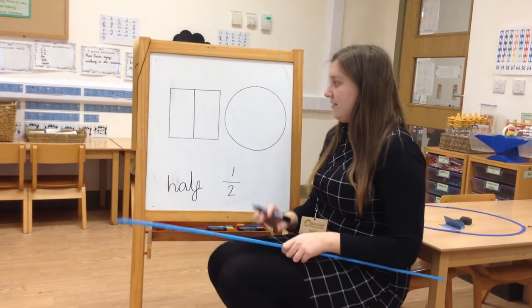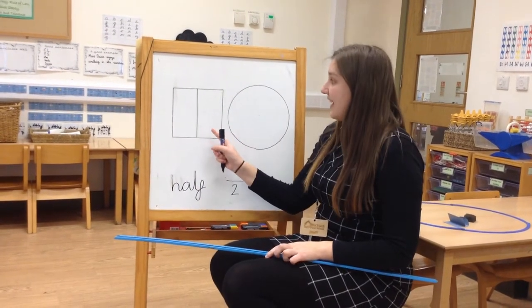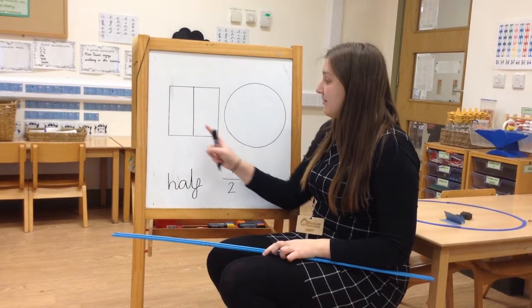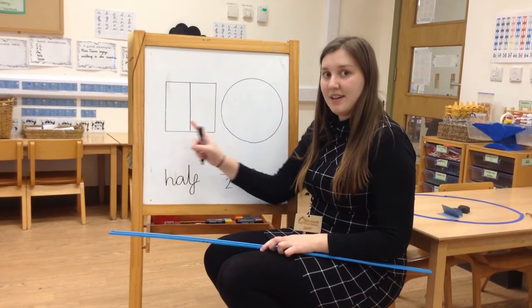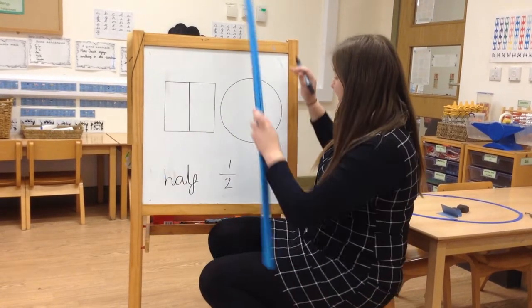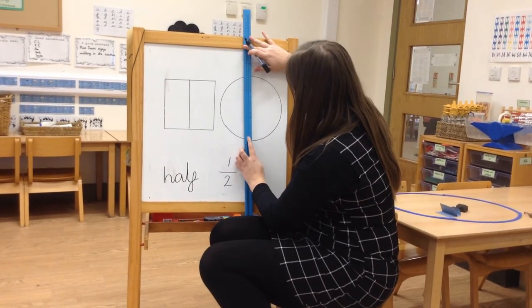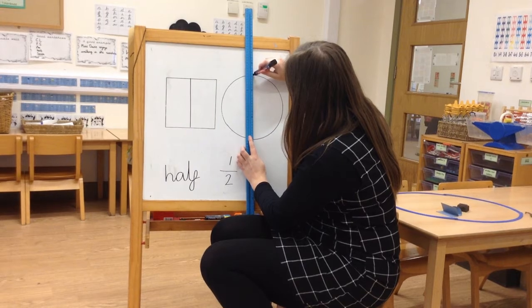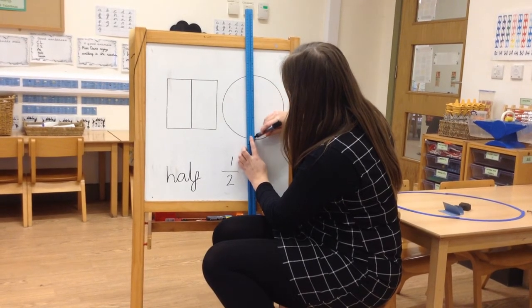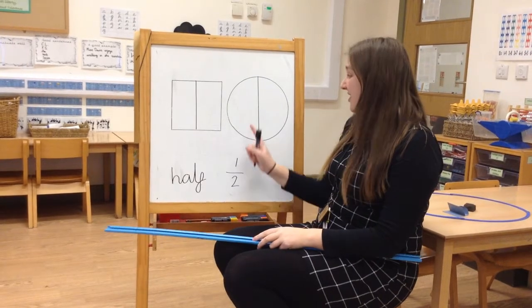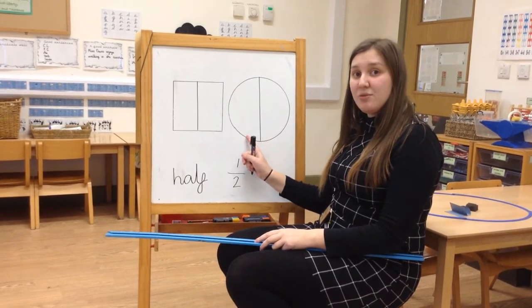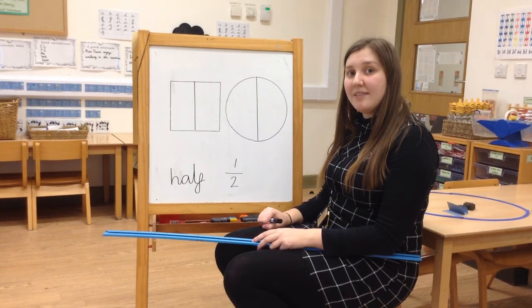When I take my ruler away, you can see that the square has been split into two halves. Let's do the same with the circle. I'm going to draw a line down the middle of my circle. And now my circle has been split into two halves as well.